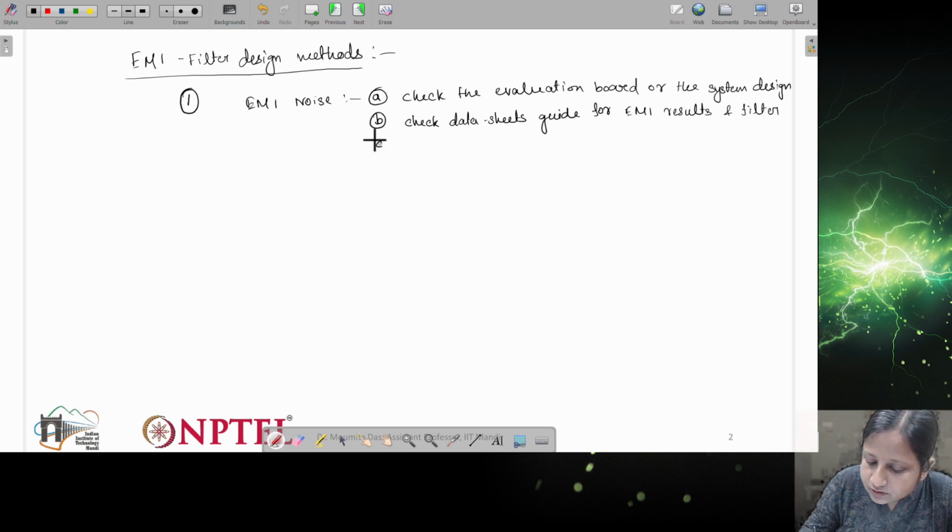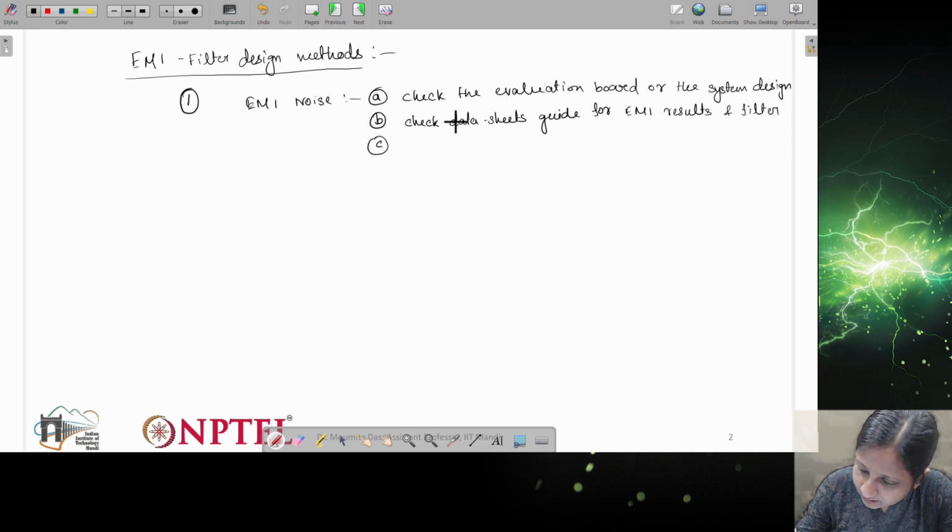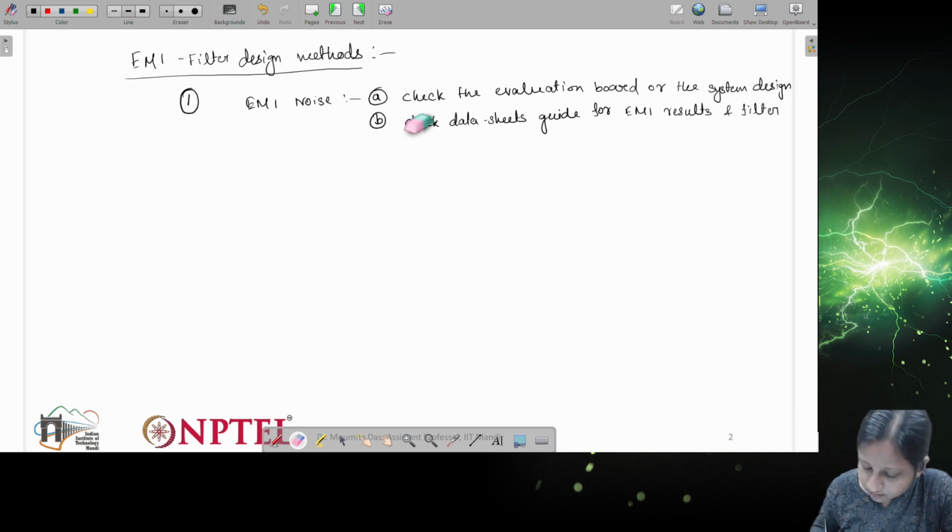So how can we actually find out this noise? We can find it from the data sheet guidelines, and also find out what the filter designing part will be, right? Then we have to adjust, so then we will get the information of the noises.